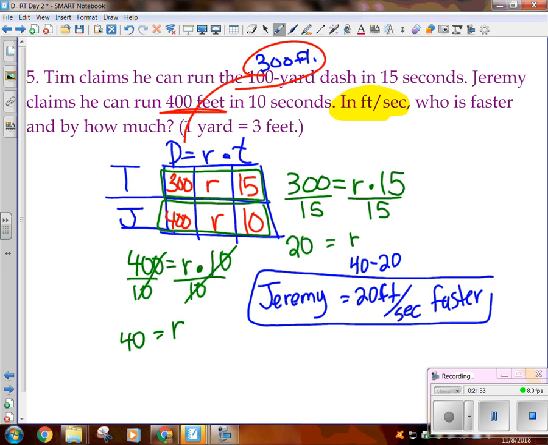Yeah, but it's comparing speeds. If you go 40 feet per second, yeah, comparing speeds. Oh, yeah, instead of Jeremy, I said Jason. But I think it's okay. How do we feel?